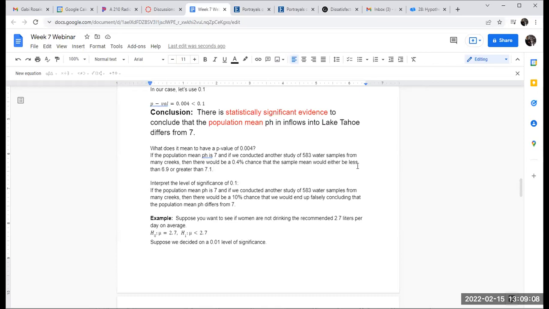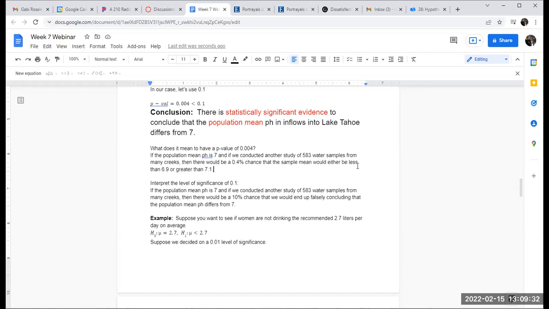And I want to give you a warning because I saw this on some of your answers to the exam. If it was a yes/no question, do not write population mean. Then you write population proportion, or you write percent of all. Make sure that you use the right vocabulary, whether you're in mean or proportion land.